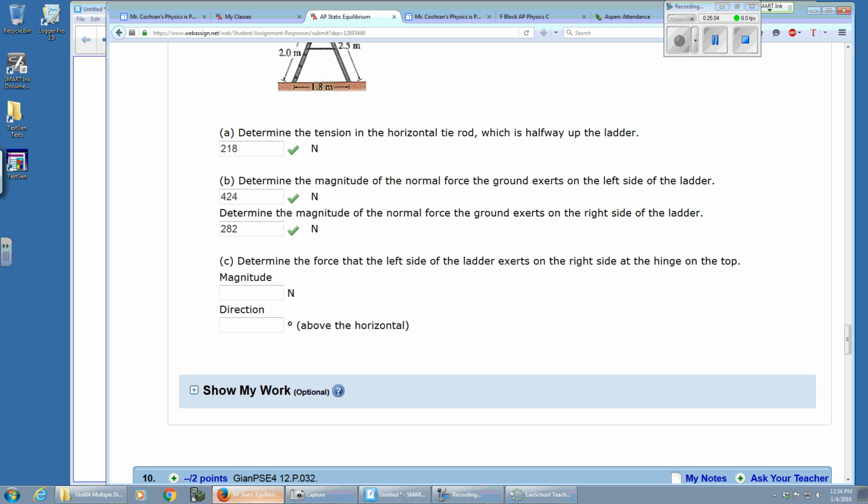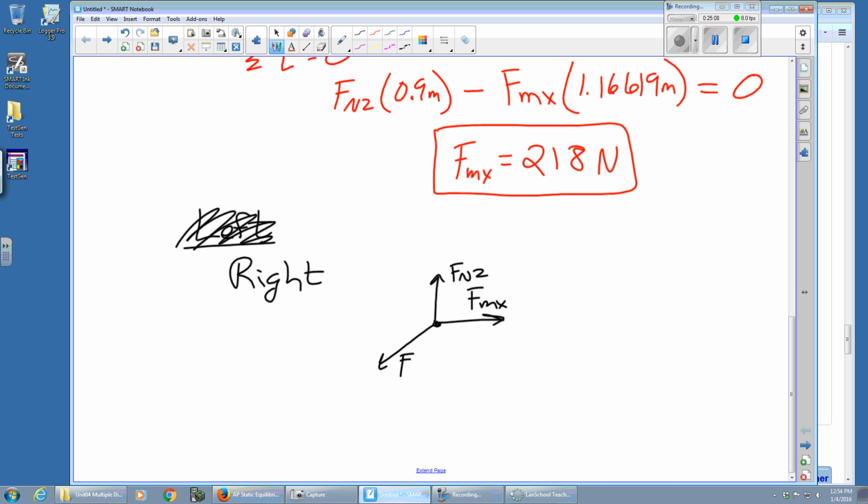And they want above the horizontal. So the force we're going to want is going to be in this direction, looking at this angle in here, theta.